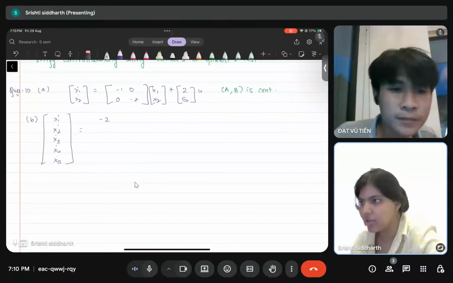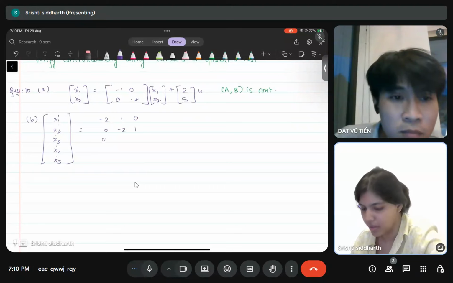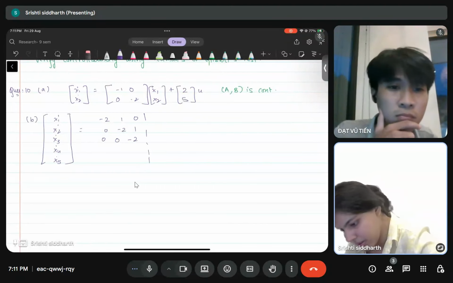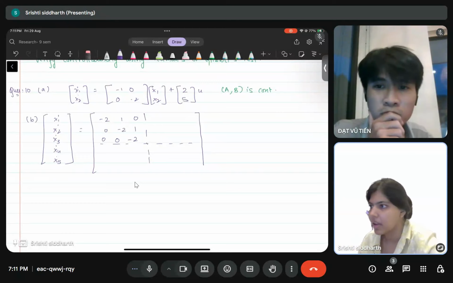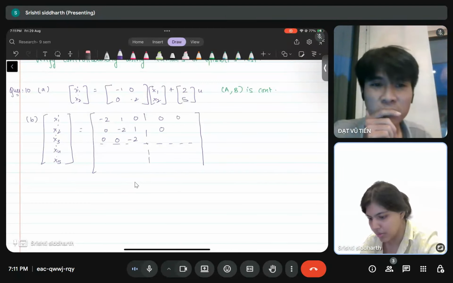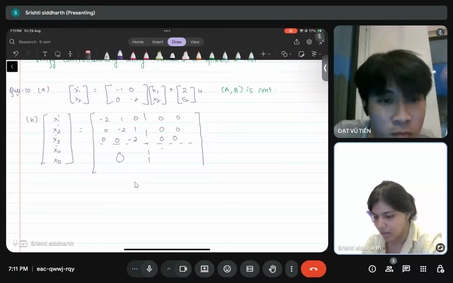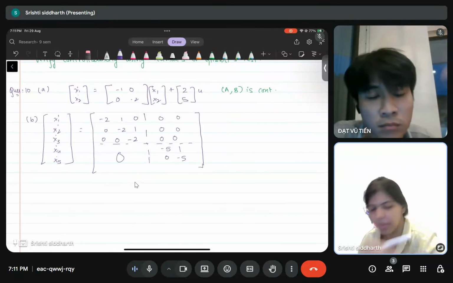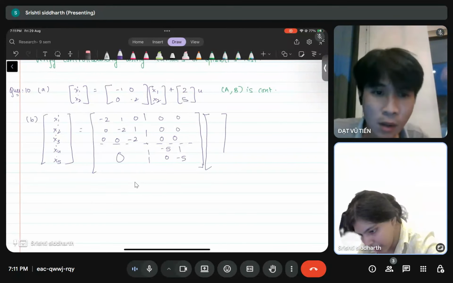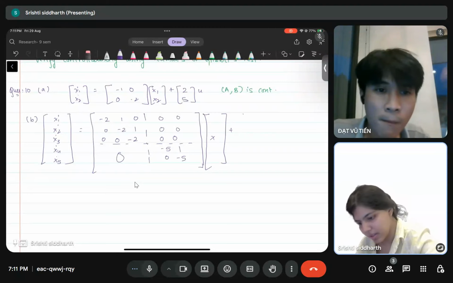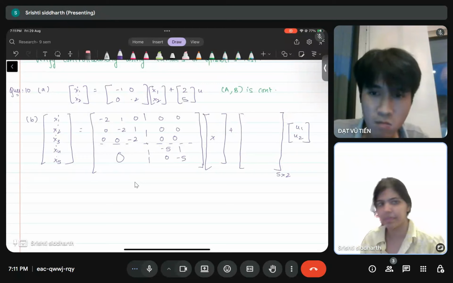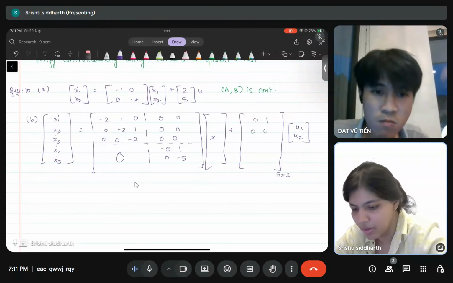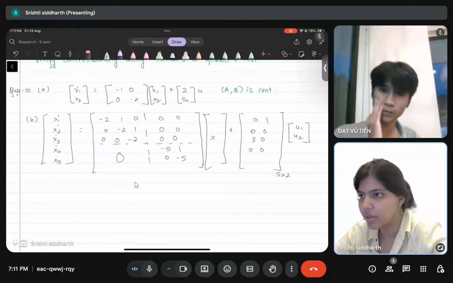This is -2 1 0, 0 -2 1, 0 0 -2. Three repeating eigenvalues are -2, then all zeros here, and then two repeating eigenvalues at -1, times this x vector, plus B. There are 2 inputs, so this is going to be 5 by 2: 0 1, 0 0, 3 0, 0 0 and 1.